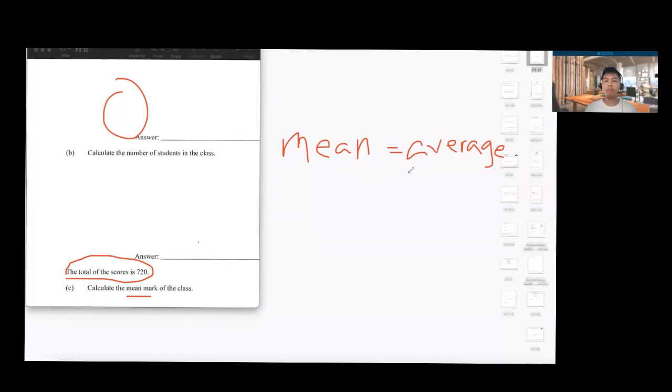By the way, the formula for the mean is total divided by the number of items, or number of students. All right. So here it's 720 divided by 10. We counted the number of students, right? 6 plus 2 plus 2. So therefore, the mean score is 72%.